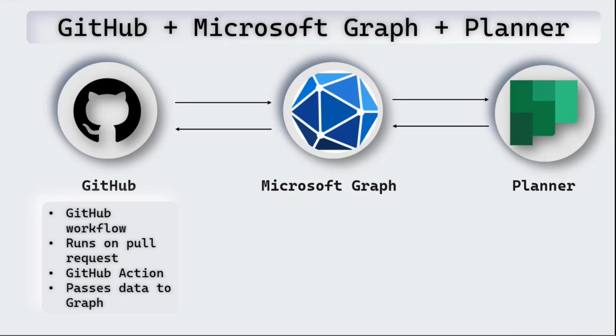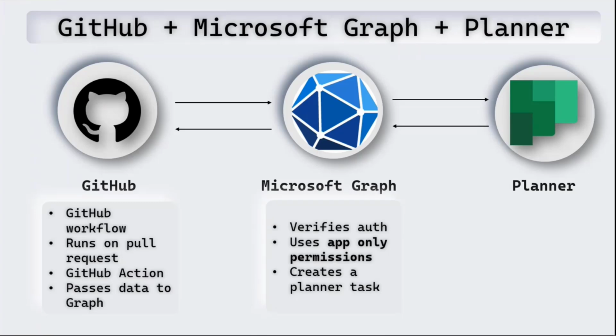That workflow then calls something called a GitHub action, and that GitHub action has some code which passes the data to Microsoft Graph. Once Microsoft Graph gets the data from this GitHub action, it verifies the authentication. The client ID and secret will be passed, and the permissions. With that, Microsoft Graph will verify that the app has proper permissions.